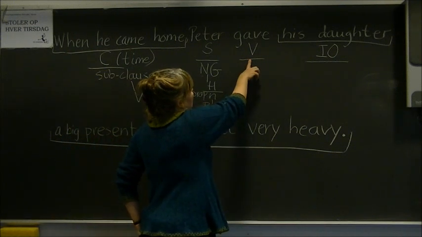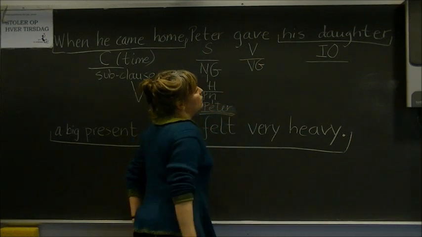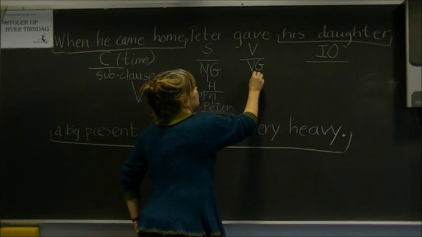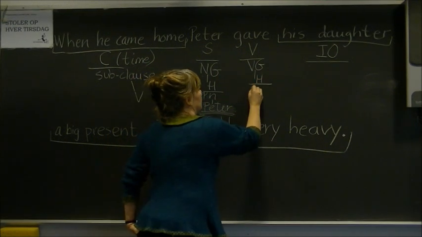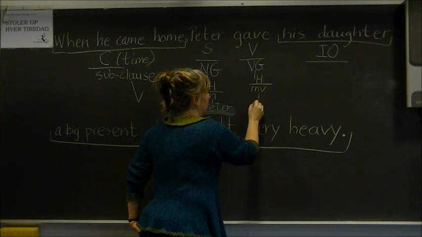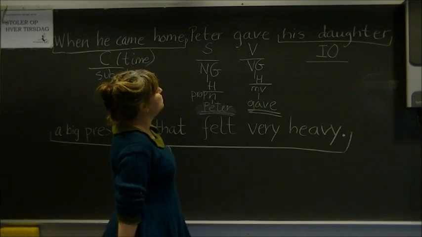The next part here, the role of gave, that is a verb group, even though it only has one verb in it. And the most important word is the main verb, which tells us the action, gave. Done with that.